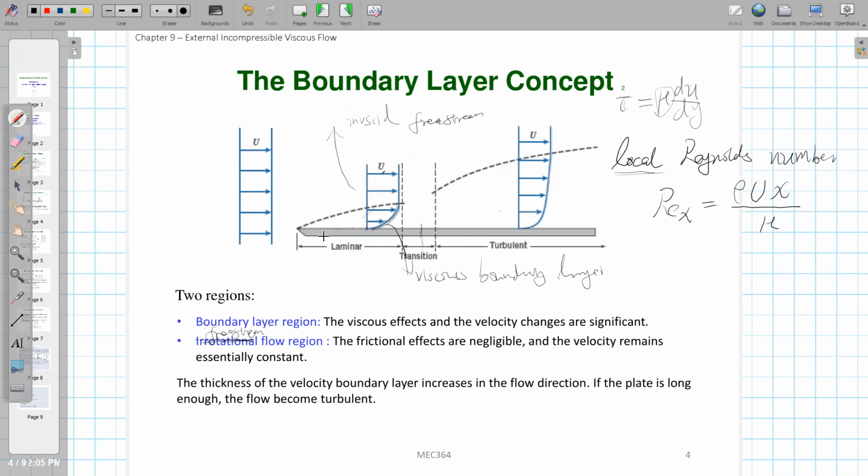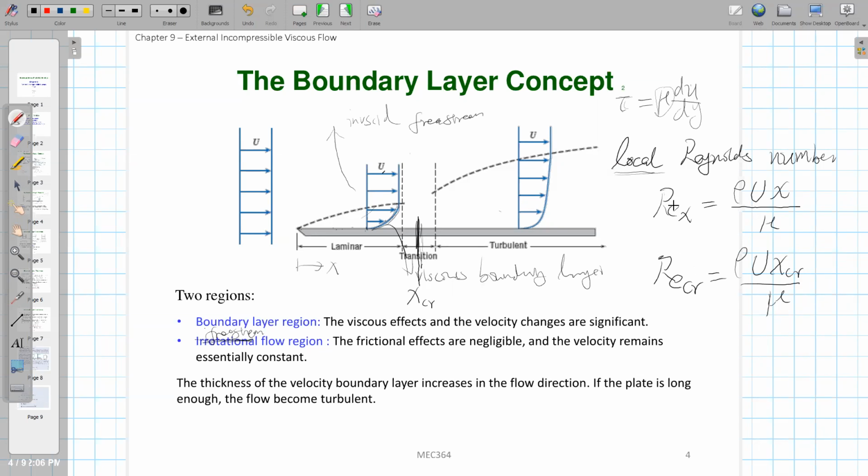So if this is the x direction, this is x0. Let's assume that at this location, where transition happens, this is x critical. So Re critical will be rho U x critical divided by mu.